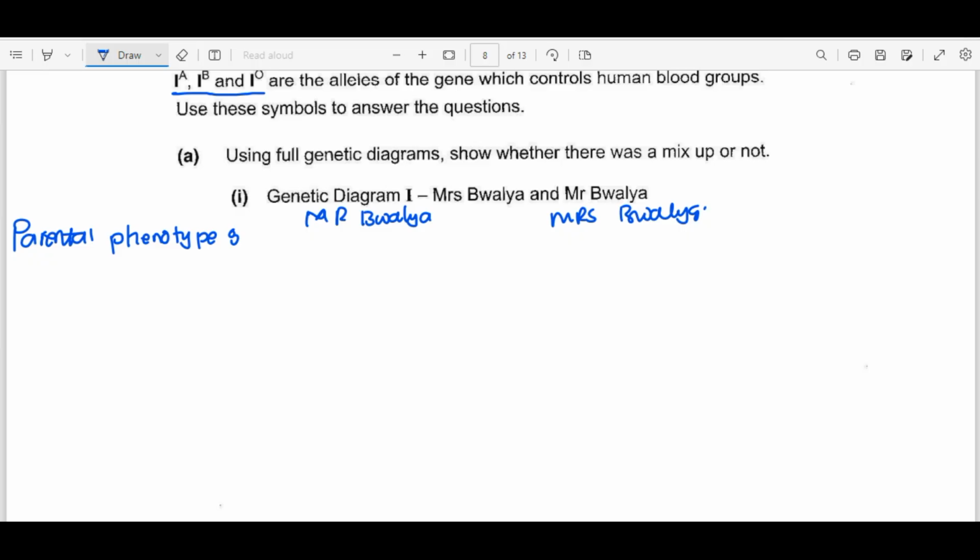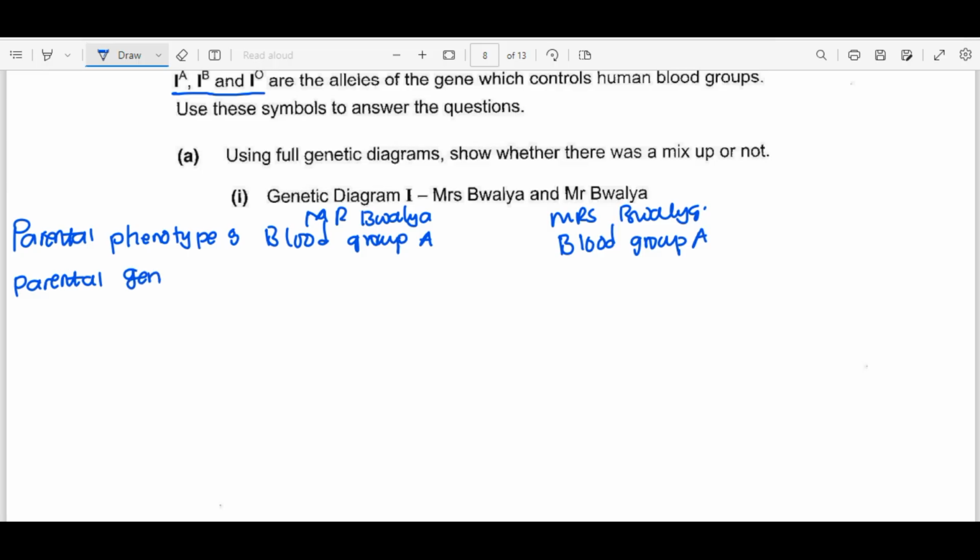So here, let's say we use AA, then also here we use AA. So if we use AA, we move on to, so this should be phenotype. So we just say blood group A, blood group A as well.